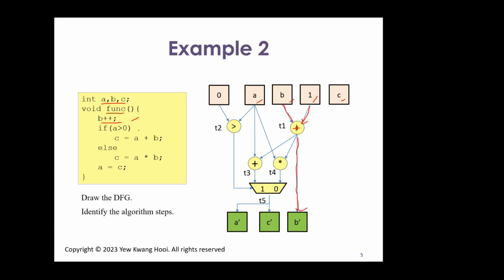And then let's go to row number 4. Do you see it as a control or as a data flow? You see there's an operator here, right? Greater than is also an operator.